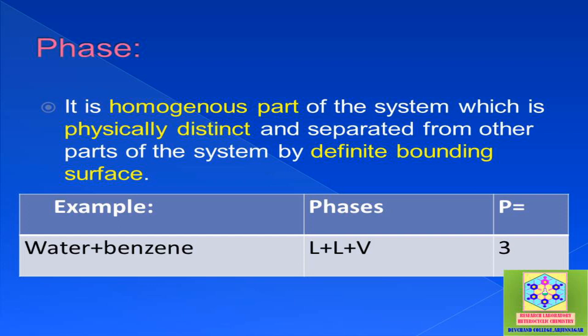So there are three phases which are physically distinct from each other, and a definite bounding surface separates them from each other. So one is liquid water, another one is liquid benzene, and the vapors above these two. So P is equal to 3 for this system.